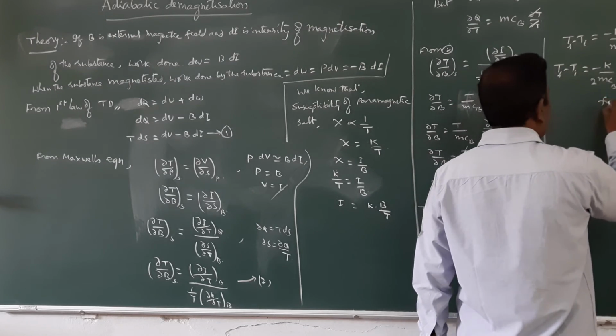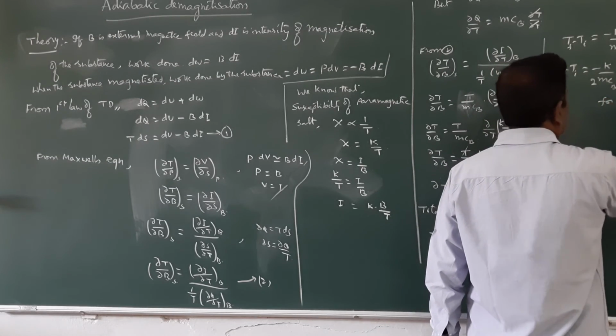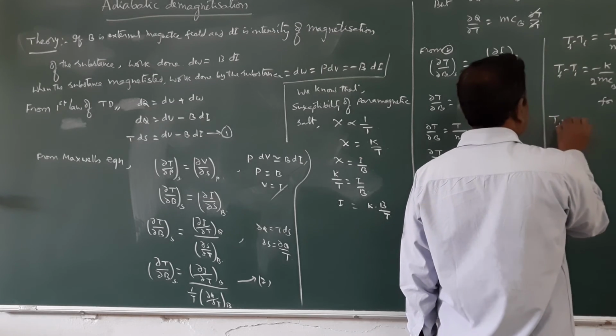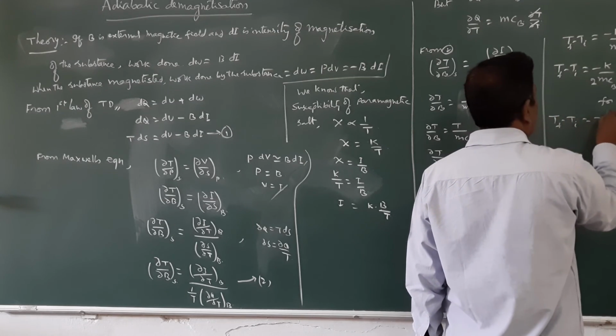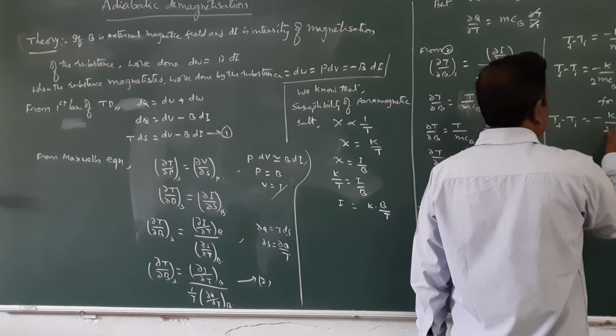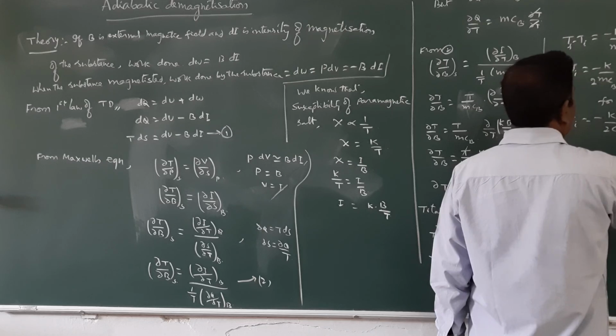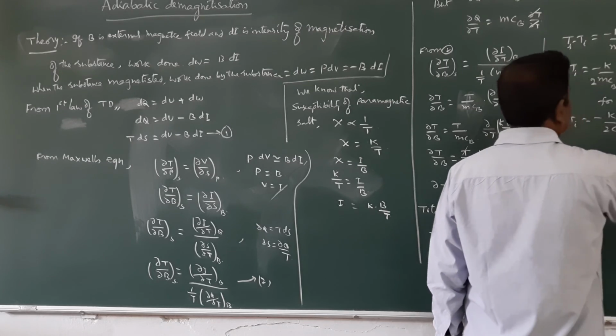So, for 1 mole of gas, m is equal to 1. Therefore, the change in temperature is equal to minus K by 2Cb into Bf square minus Bi square.